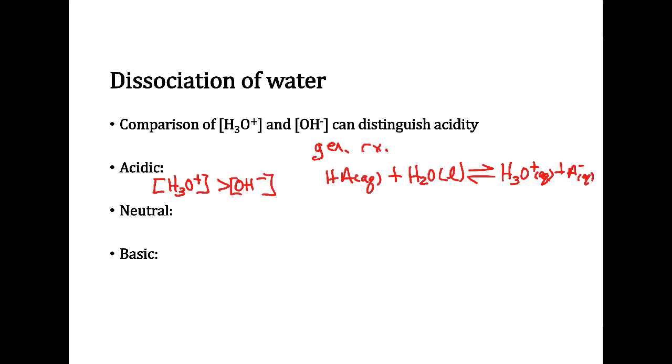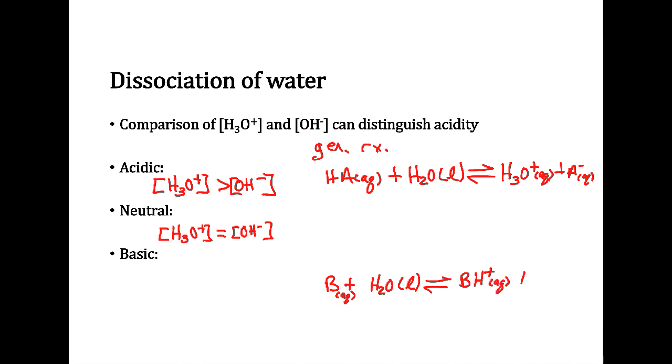In a neutral solution, we'll have the same amount, or practically the same amount, of hydronium and hydroxide. If we were to consider a base, let's look at a base reaction. We have our base plus water yields, well, bases accept protons, so we have BH+ and OH-.